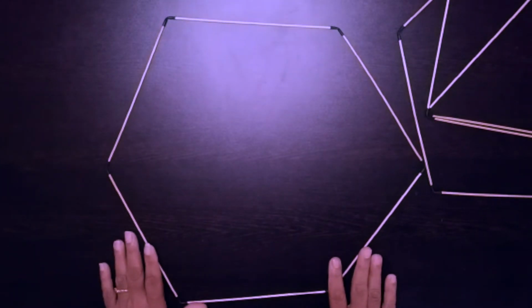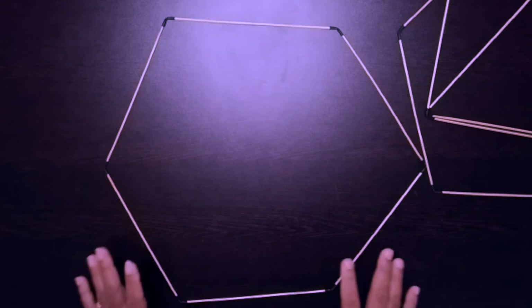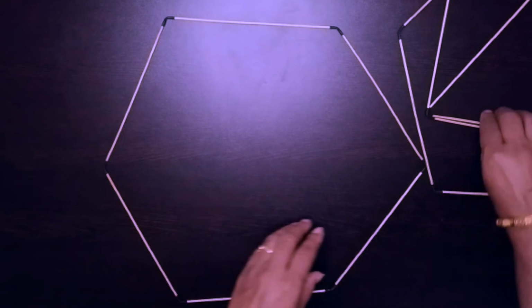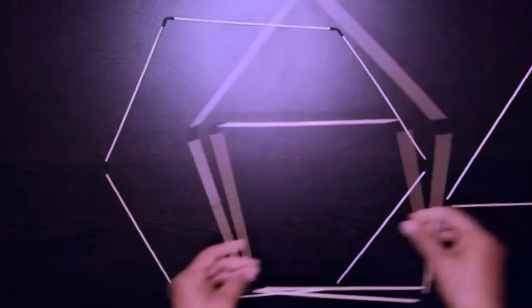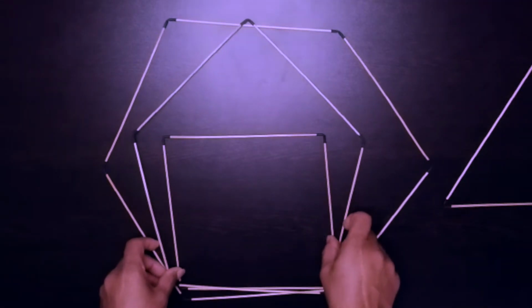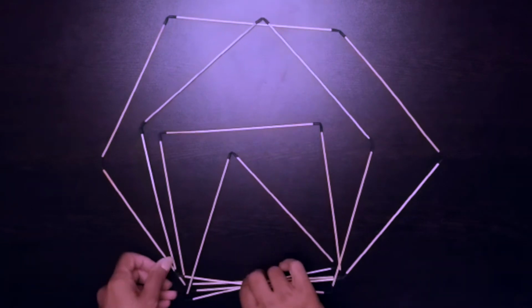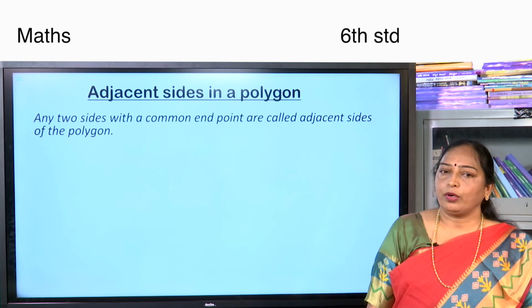Like this way, we can make the model of a heptagon which has 7 sides, an octagon which has 8 sides and so on. Children, you can make the polygons by using sticks and small rubber tubes. Try to do, children.